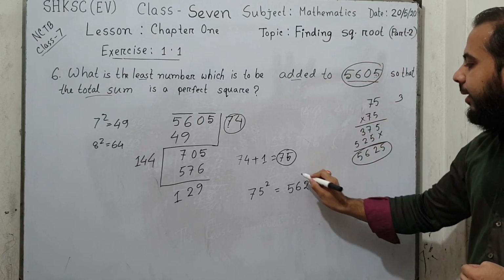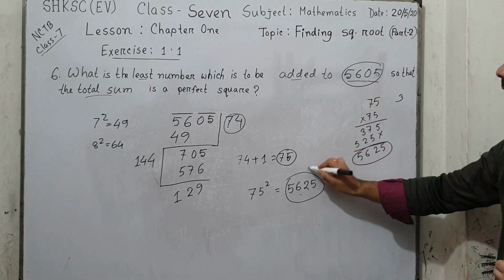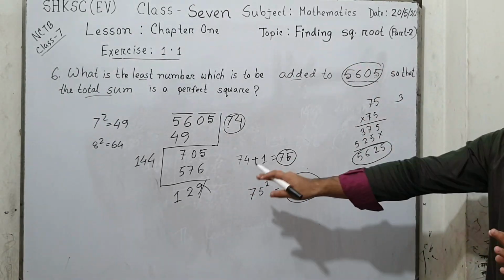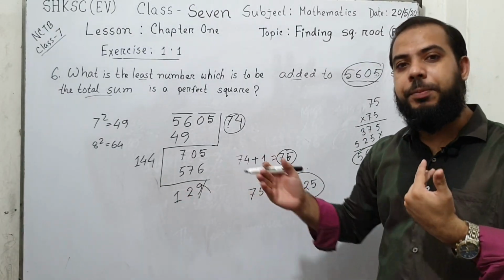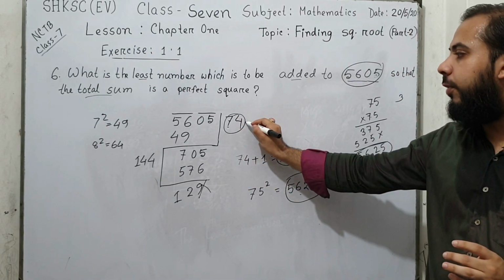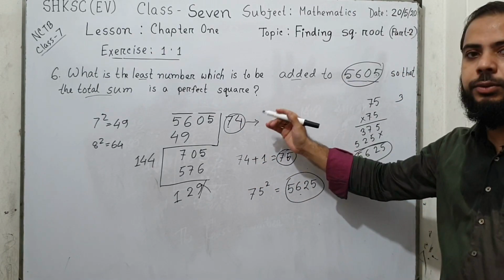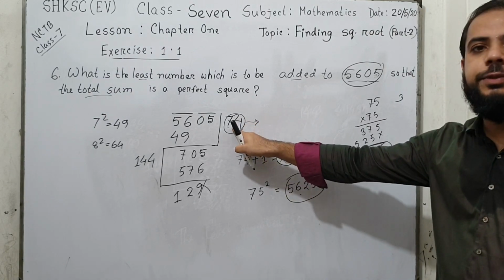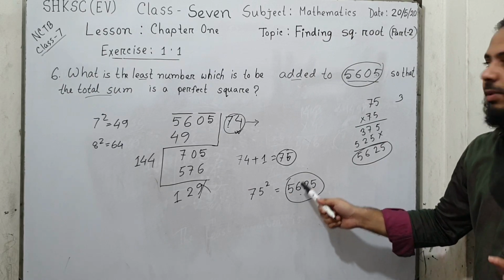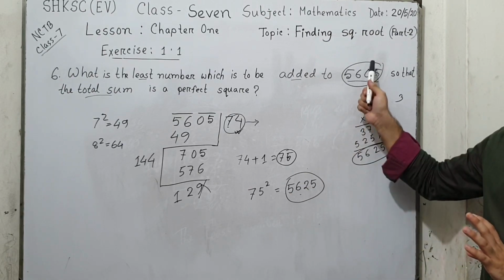To make 5625, we have to just add 20, not 129. This remainder we subtracted in the previous problem, but in this problem we have to find the next integer after this answer. This answer is 74, so the next integer is 75, and we make the square of that 75 and see how much is the difference from the given number.